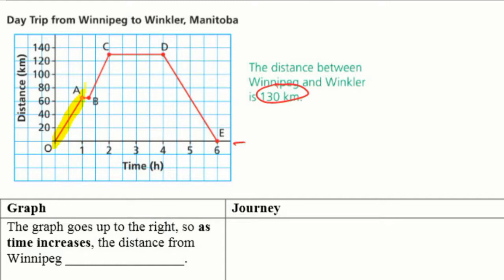What can we kind of determine from this little tiny graph here? So we're going from Winnipeg to Winkler. So Winnipeg is our start. Then Winkler is our destination, I guess.